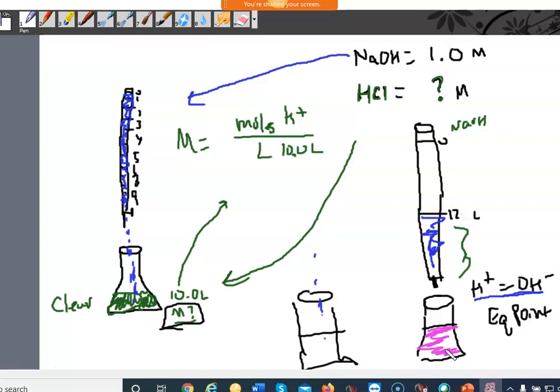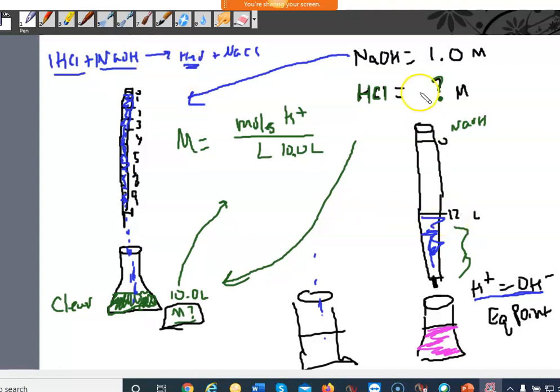You guys can type it or say it. 3, exactly, it's equal, right? Because in this reaction, if I take HCl and add it to sodium hydroxide, I get H2O and NaCl. This is a neutralization reaction. And if you balance it, it's a 1 to 1. For every mole of this, I need the exact same number of moles of that in order to neutralize it.